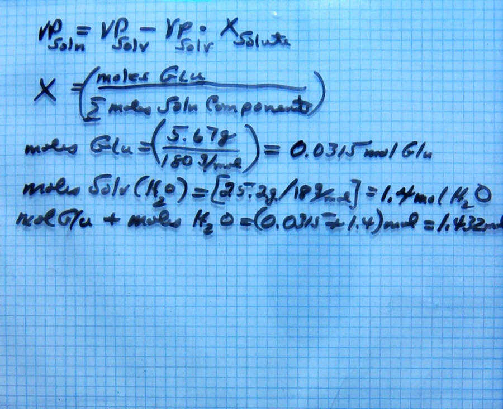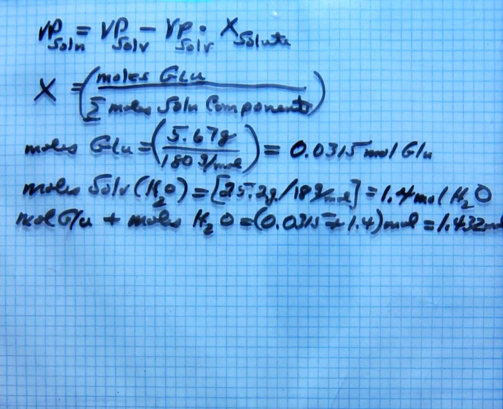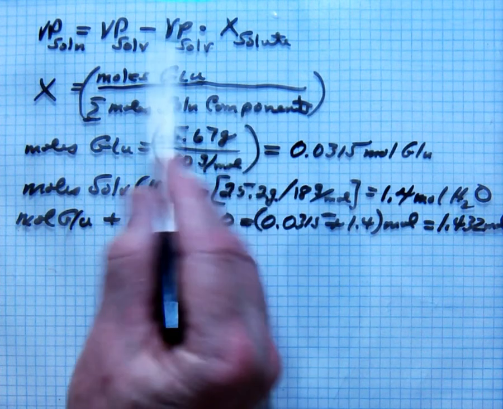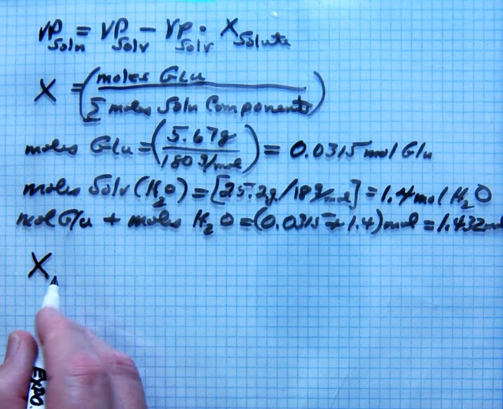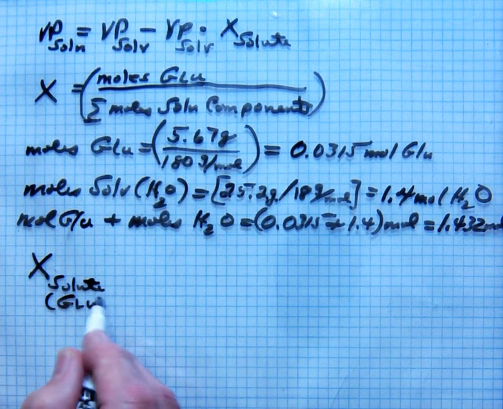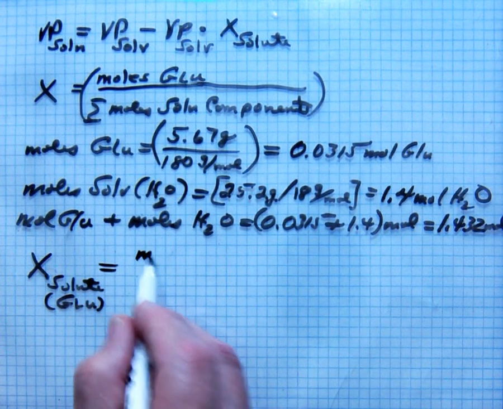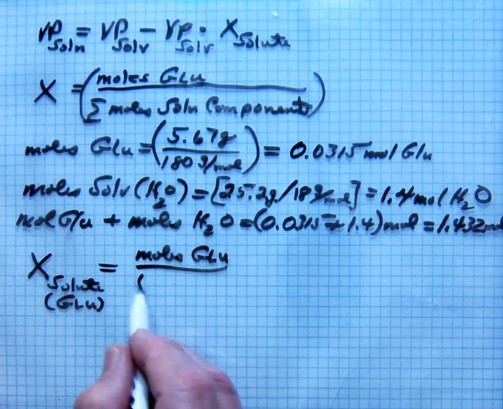Okay, now what do we need to do? We need to get the mole fraction of the solute, and then we can plug it in and get the answers, right? So the mole fraction of the solute, which is our glucose, is the moles of glucose over the total moles.